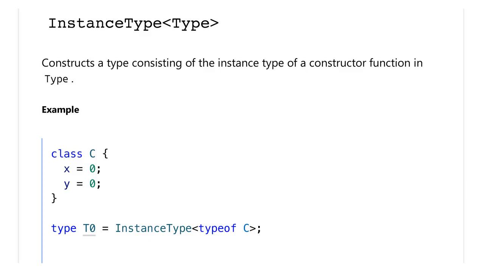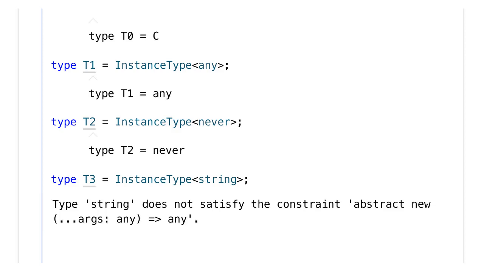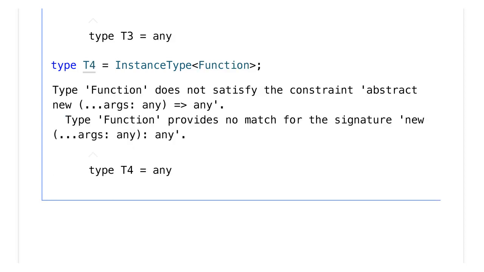Example. class C { x = 0; y = 0; } type T0 = InstanceType<typeof C>; type T0 = C. type T1 = InstanceType<any>; type T1 = any. type T2 = InstanceType<never>; type T2 = never. type T3 = InstanceType<string>; type string does not satisfy the constraint abstract new (...args: any) => any. type T3 = any. type T4 = InstanceType<Function>; type Function does not satisfy the constraint abstract new (...args: any) => any.